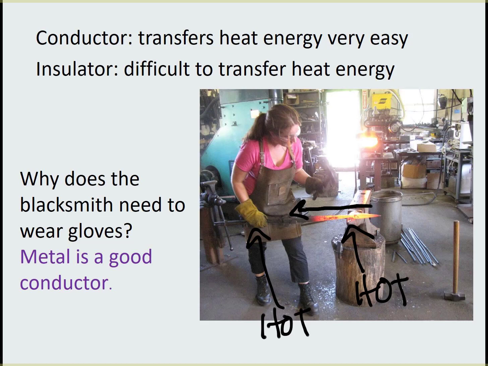And so she's wearing some leather gloves that give her some insulation and don't transfer the heat as easily. They're probably pretty thick, and so she'll be able to hold on to this hot piece of metal for a long time as she works with it.